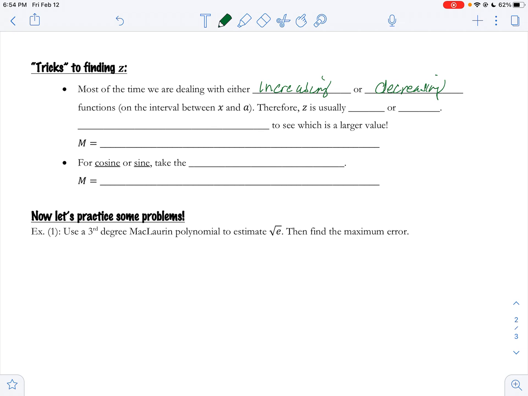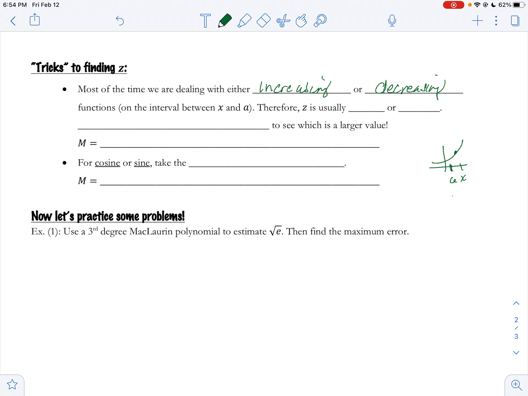And so therefore, if it's an increasing function, so we have something that goes like this, let's say this is our a and this is our x. If it's an increasing function, then the greatest value on that interval is going to be at the x, right?